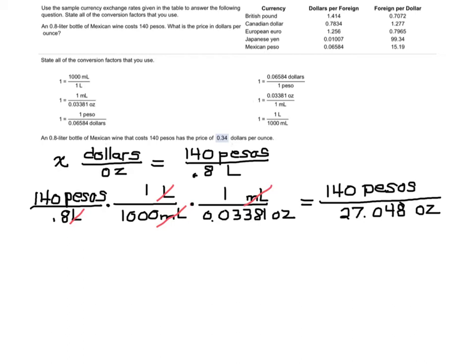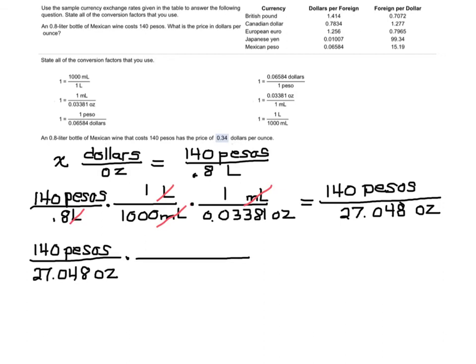And so now we have our ounces, but we want the pesos to become dollars. So we're going to do another unit conversion where we take 140 pesos for 27.048 ounces of wine. We want to keep the ounces, but we want to convert the pesos.